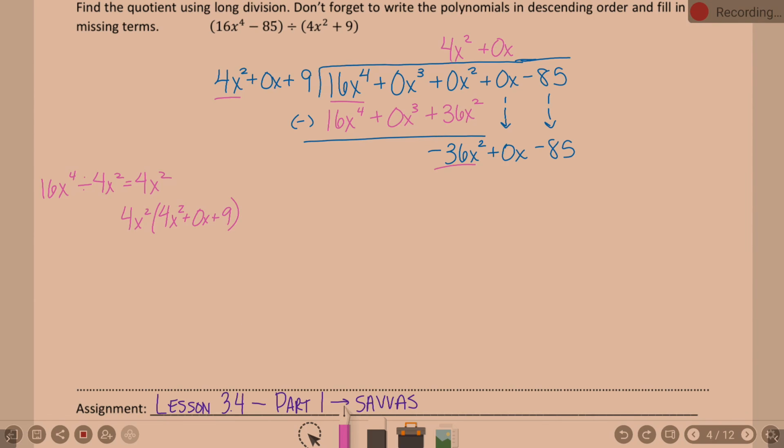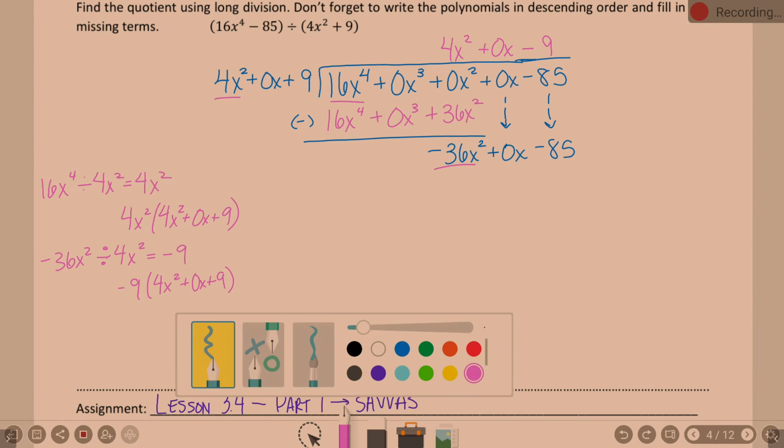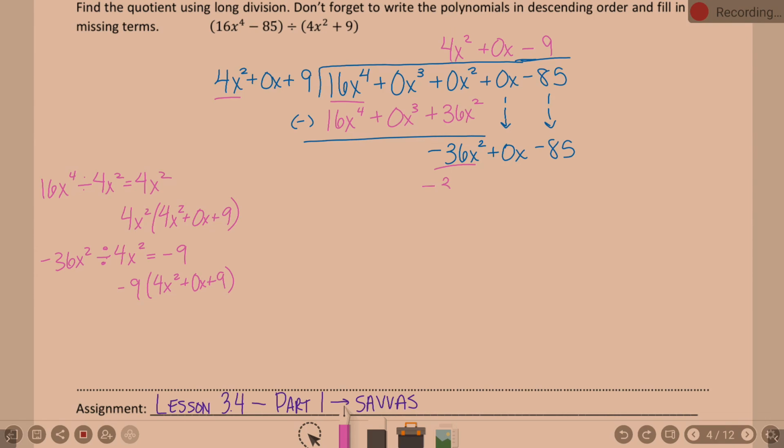4x squared into negative 36x squared. What is negative 36x squared divided by 4x squared? Negative 9. Negative 9 goes up there. Still matching up with placeholders, isn't it? Take the negative 9 and multiply times 4x squared plus 0x plus 9. Negative 9 times 4x squared is negative 36x squared.